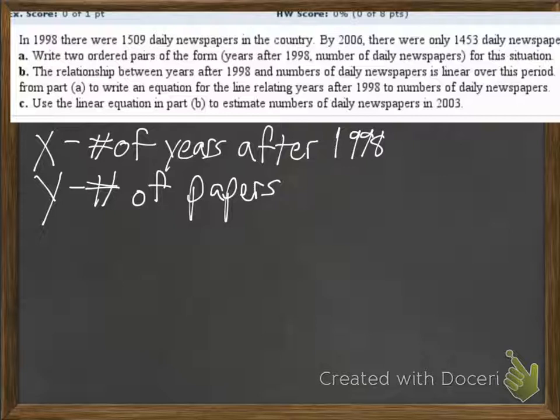And they want us to write 2 points. So we need to take the information that we are given, 1998, 1,509 newspapers. Well, 1998 would correspond to x being 0. So 0, there were 1,509 newspapers.